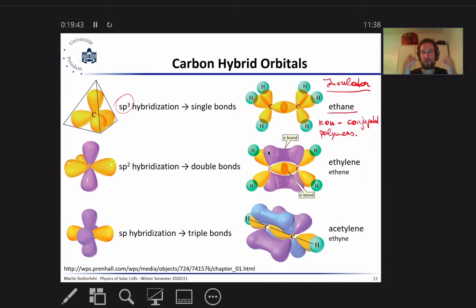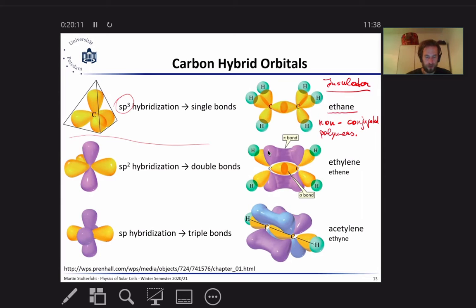All the polymers that are not semiconductors. So this is actually the vast majority of carbohydrates and molecules that exist, I guess, on average.